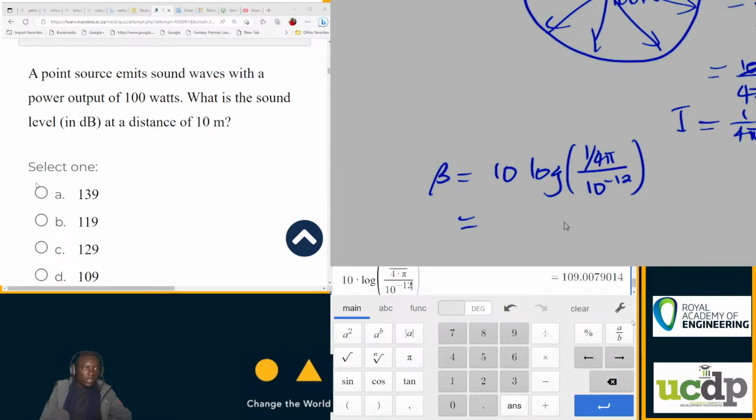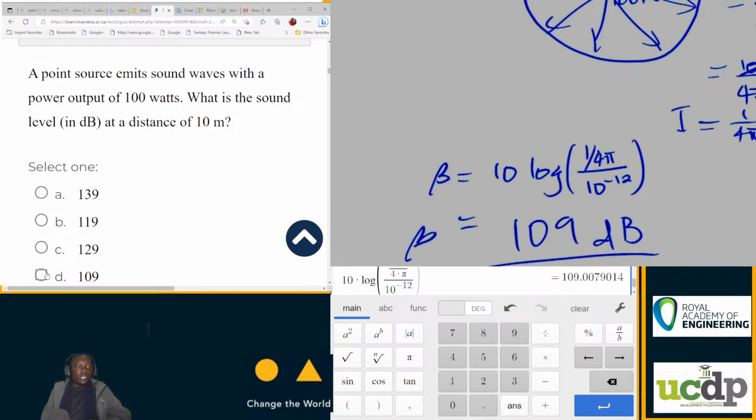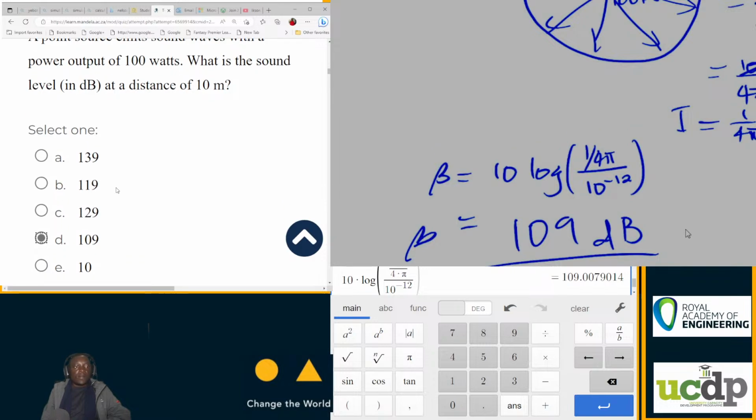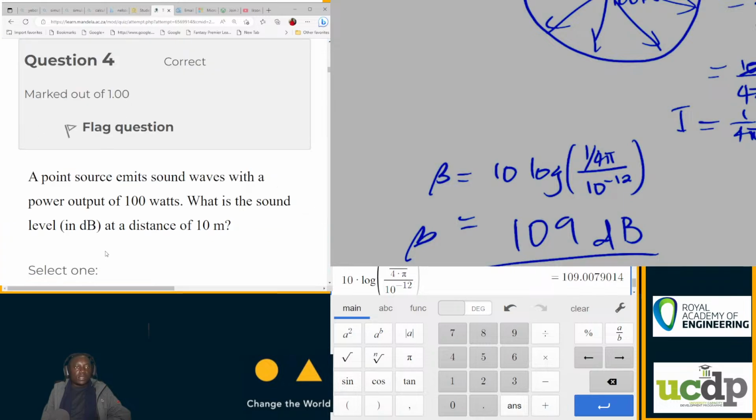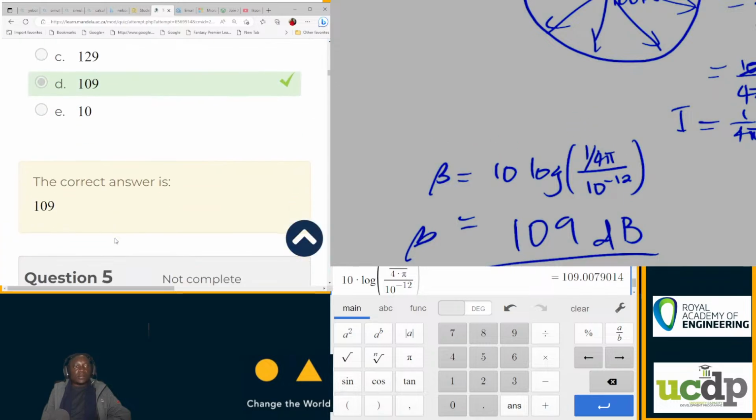Okay, so this gives us 109 decibels. So the sound level there is 109 decibels, and that's what we see here at D. So that should be also correct, if we did everything correctly, yes.